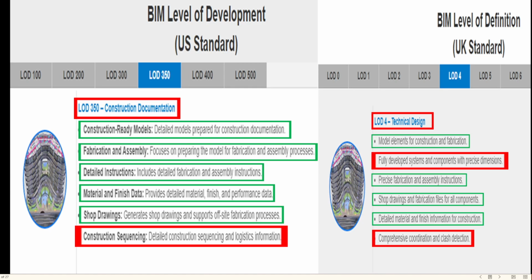Detailed construction sequencing and logistics information is included in the USA standard, while fully developed system and component with precise dimensions and the comprehensive coordination and clash detections are included in the UK standard.